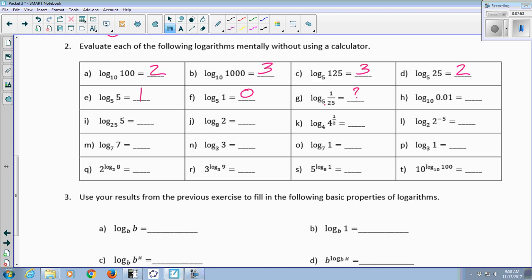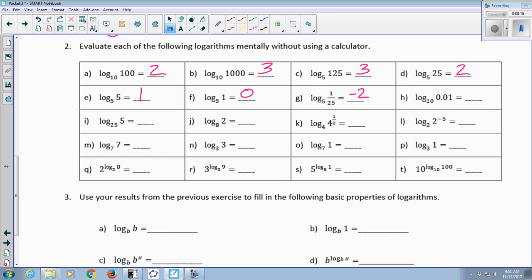5 to what power gives you 1 over 25? Well, 5 squared is 25, but I want 1 over 25, so it's going to have to be the negative 2 power. And 10 to what power gives you 0.01, or 1 over 100?